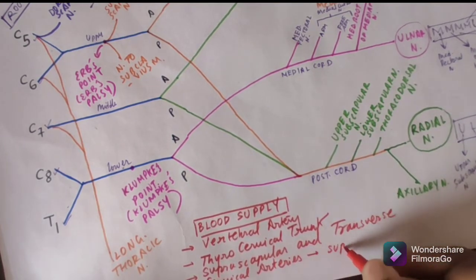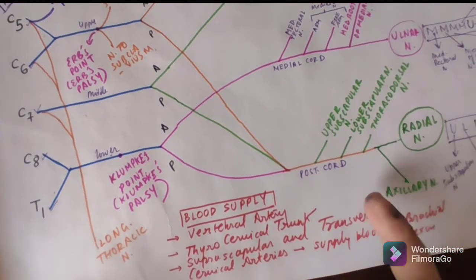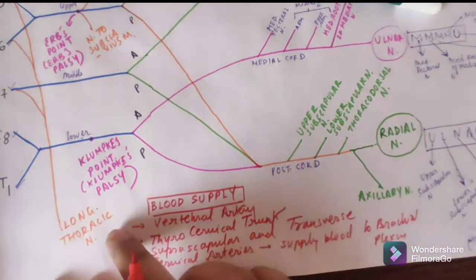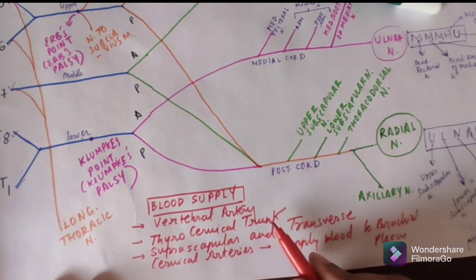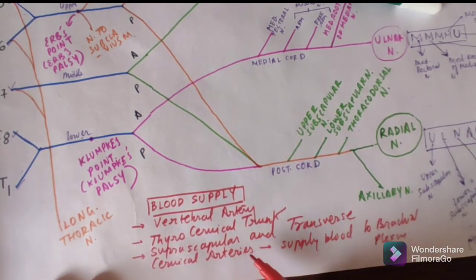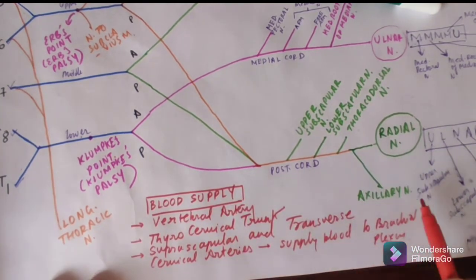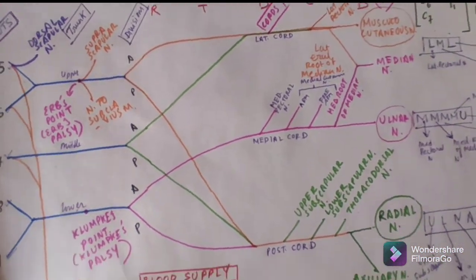So this arterial supply to the brachial plexus is generally the lifeline of this important plexus. The vertebral artery with thyrocervical trunk, the suprascapular and transverse cervical arteries supply blood to the brachial plexus. Now these arteries are generally part of the subclavian artery, which I will discuss when I teach you about the subclavian artery.